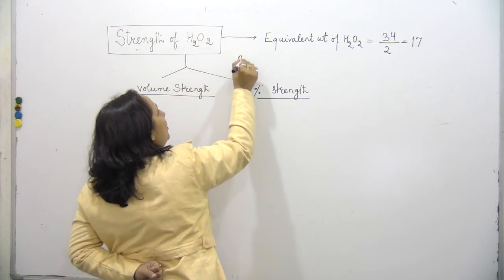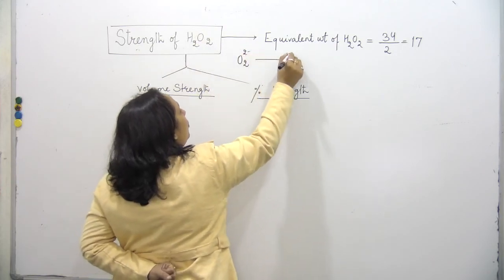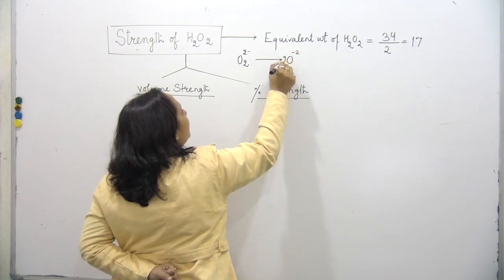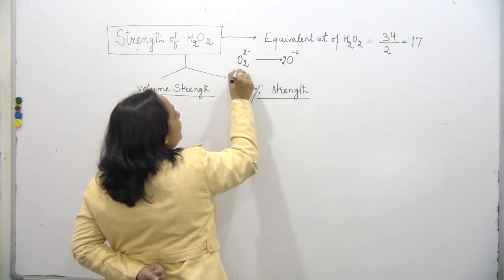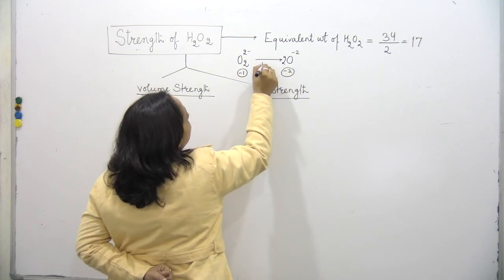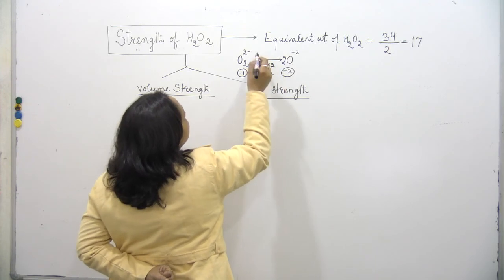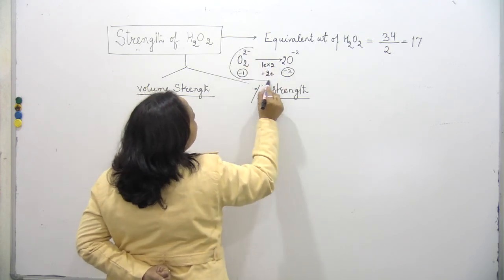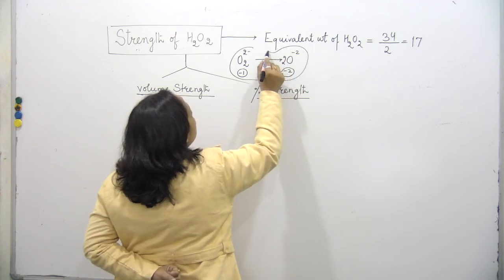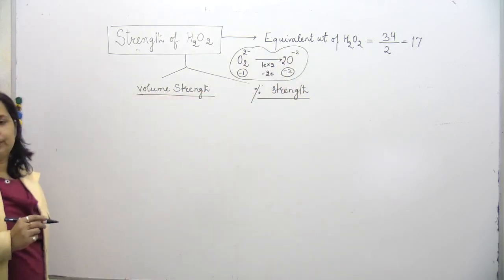The reason is O2 2- is converted to O2-. It means -1 to -2, a change of 1 electron, and multiplied by 2 because 2 oxygen atoms are there. There is a change of 2 electrons, a gain of 2 electrons. Thus we can say divided by 2.